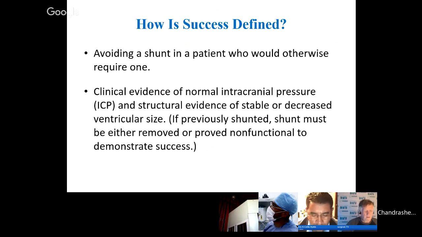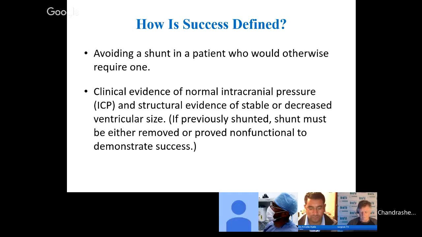The biggest problem I think with this procedure is how success is defined, and I think the only way you can say that your third ventriculostomy is successful is if you have avoided a shunt in a patient who would otherwise require one, rather than looking at normal intracranial pressure and other factors. And what is not clearly defined in this definition is how long you wait to say that it has been successful or not.